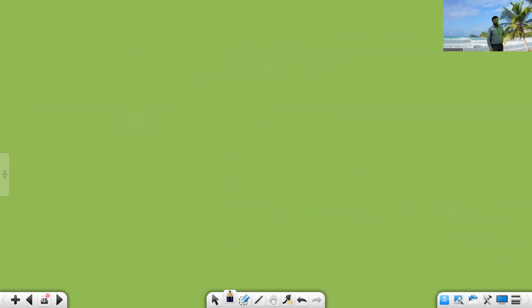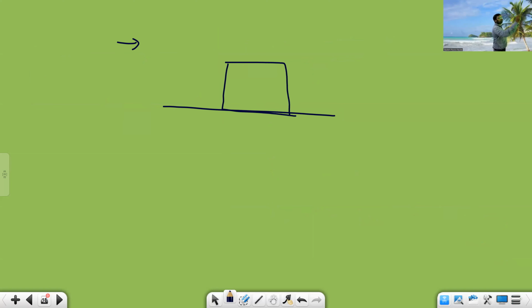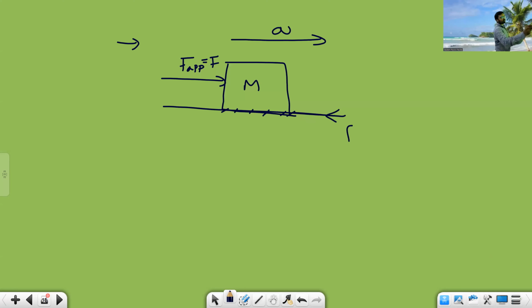Next, we'll be seeing some applications. First, I have taken one body, and on this body I applied some force in this direction. The applied force is equal to F, and the body is accelerating in this direction. Friction is present between the body and the surface, and frictional force will oppose the body.